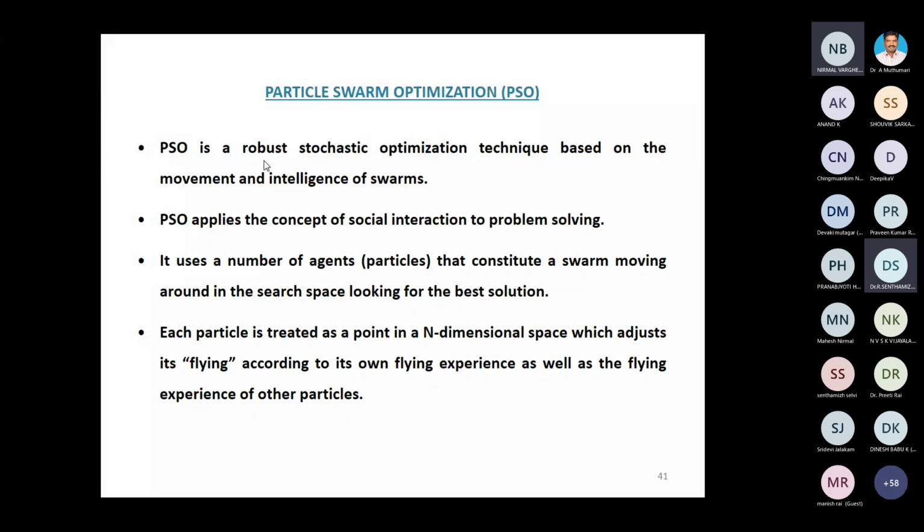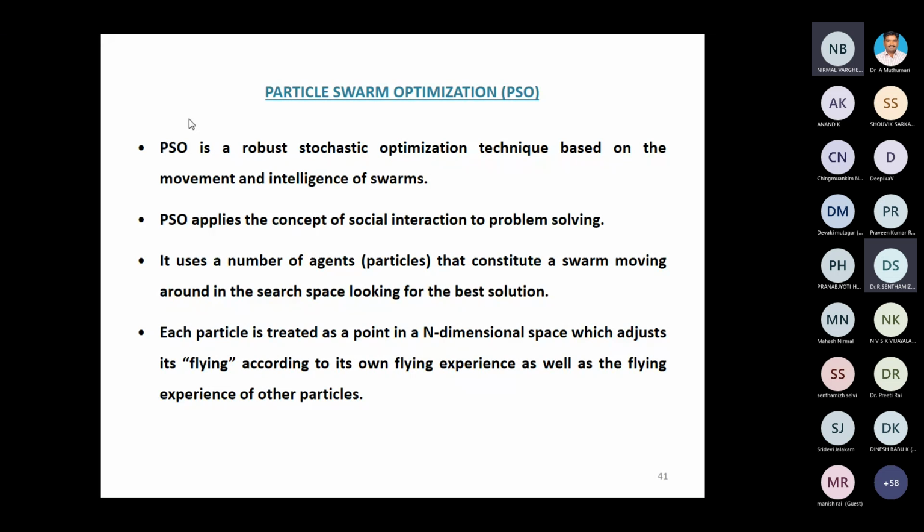PSO is a robust stochastic optimization technique. What do you mean by stochastic? Robust. Every word counts. You cannot say, sir, robust is noise free. Not only noise free; you are always dealing only with noise free, not like that.